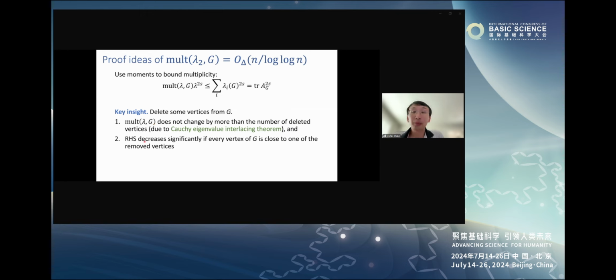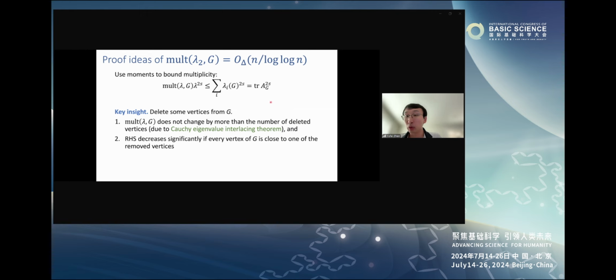Another observation, and I'll just sketch a key point here, is that if you delete a net, meaning a set of vertices where every other vertex is somewhat close to one of your deleted vertices, then it turns out the right-hand side has to go down significantly.